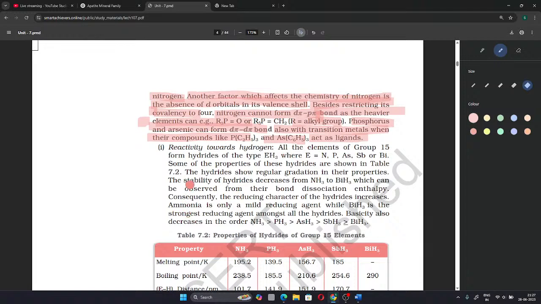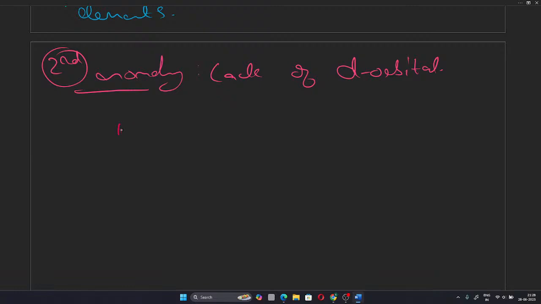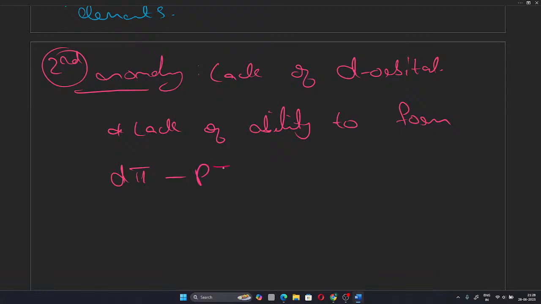Ligand meaning donors of electrons. Okay. Lack of ability to form d pi and p pi bonds, basically overlap between d and p orbitals.